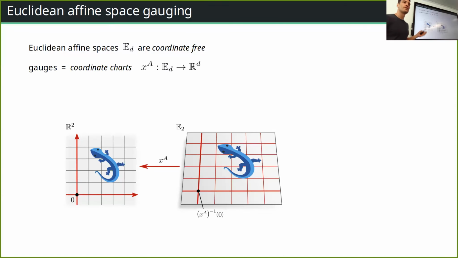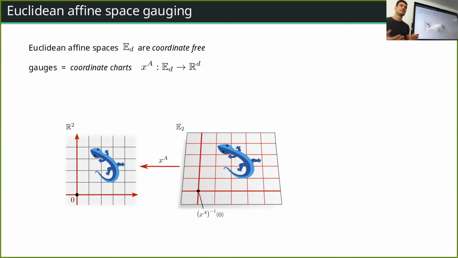And if we want to, in a computer, we need to choose a pixel grid, or we need to represent it somehow on R^2, for instance. But if we do this, we actually make an implicit choice, which we never think about usually. Implicitly, we have a coordinate chart which maps our coordinate-free space to a coordinate representation. Sometimes that's unique, but for instance, if you have a biomedical image, then you could record it from all kinds of rotations or different translations.